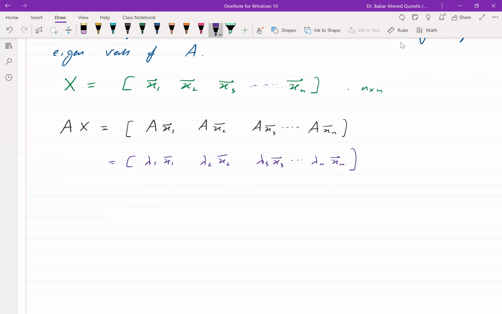And this I can write as this matrix multiplied by this diagonal matrix.